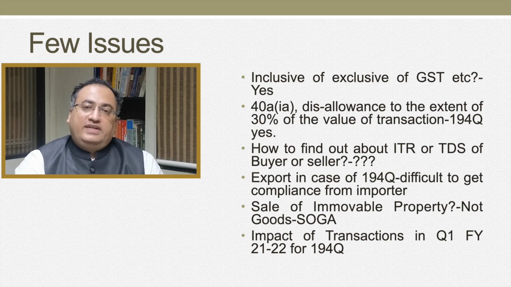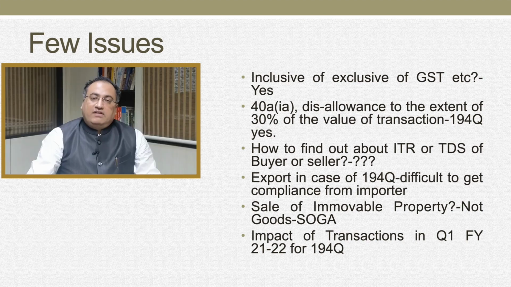So that 50 lakh transaction limit is to be reckoned not from 1st July 2021. That limit has to be reckoned from 1st of April 2021. If you have exhausted that 50 lakh limit, no issues. Over and above that limit, whatever amount you are purchasing, you are required to deduct TDS.